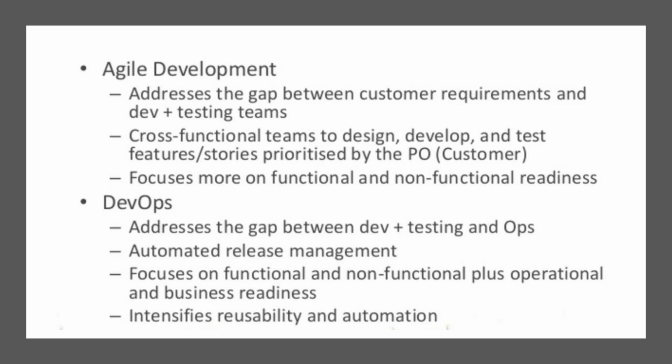Basically in Agile, they discuss the customer requirements: what the customer requirements are, how the customer is facing the problem. Management will describe these things to the developers and testing teams, and now they'll implement this. Okay, so this is how Agile works.